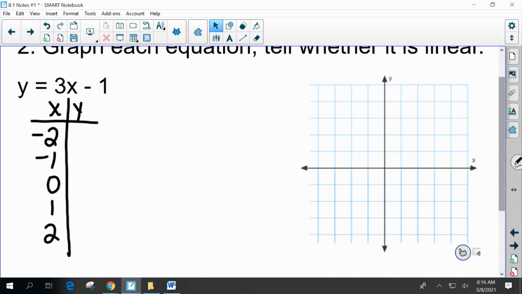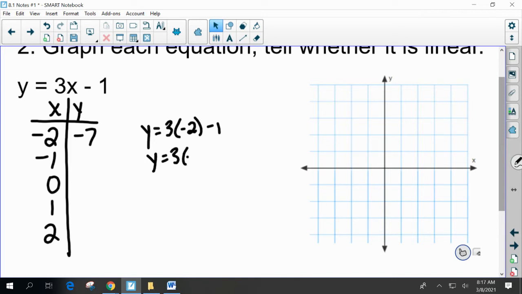Okay, so I'm going to plug those in. So y equals 3 parentheses -2 minus 1. -7.